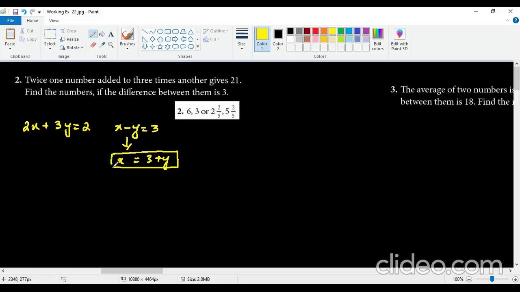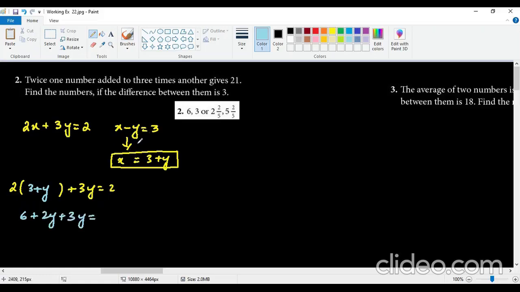I'm going to substitute this into equation 1. I will write in the bracket itself, 2x plus 3y equals 2. That means if I write 2 times 3 plus y, this is going to give us 6 plus 2y plus 3y equals 2.